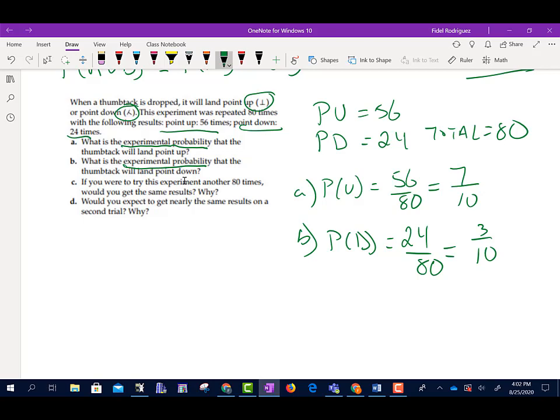Now, part C says, if we were to try the experiment another 80 times, would we get the same results? No, we wouldn't expect to get the same results. Whether it's point up or point down, it's just like getting heads or tails; there's an equally likely chance.